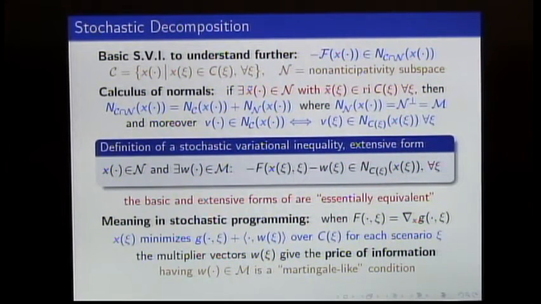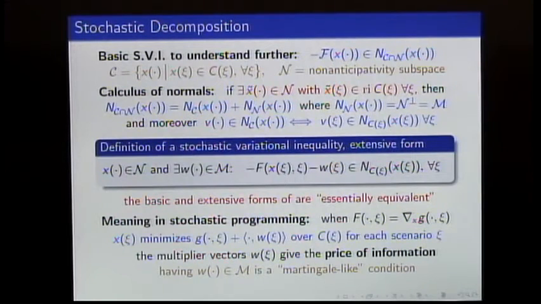So I've gotten rid of the N. Basically, I've replaced the nonanticipativity space N by a multiplier, w, and reduced to a pointwise condition. And now these are essentially equivalent. To go from the basic one to this one, you usually need a constraint qualification of some kind. But to go from this one to the other, you don't need anything.